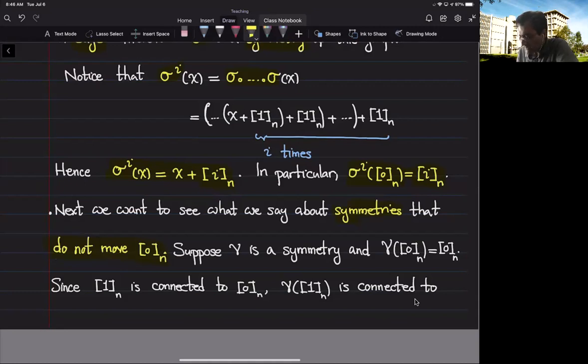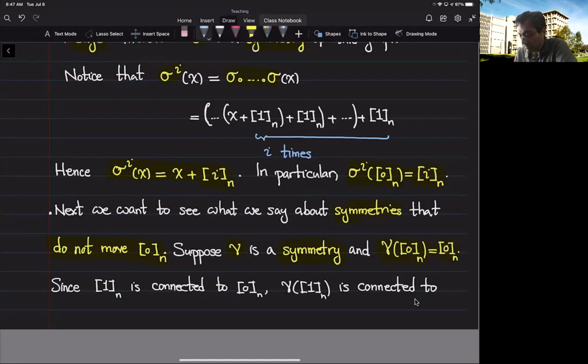So gamma is a symmetry, and gamma of the vertex labeled by the residue class of 0 is the residue class of 0. Now, because gamma is a symmetry, the neighbors of this vertex are supposed to go to a neighbor of this vertex, because this vertex is fixed.